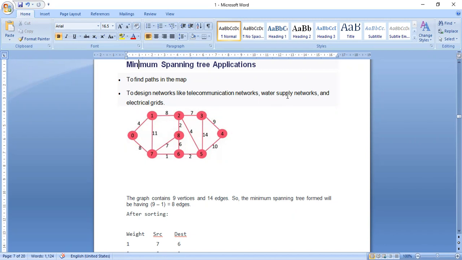In the same way, in water supply networks, there will be huge water supply networks between different cities and different towns in the country. So what the government will see is, with minimum distance, how they will connect all the cities in a given country, or a graph. That is, in our example, it is a graph.